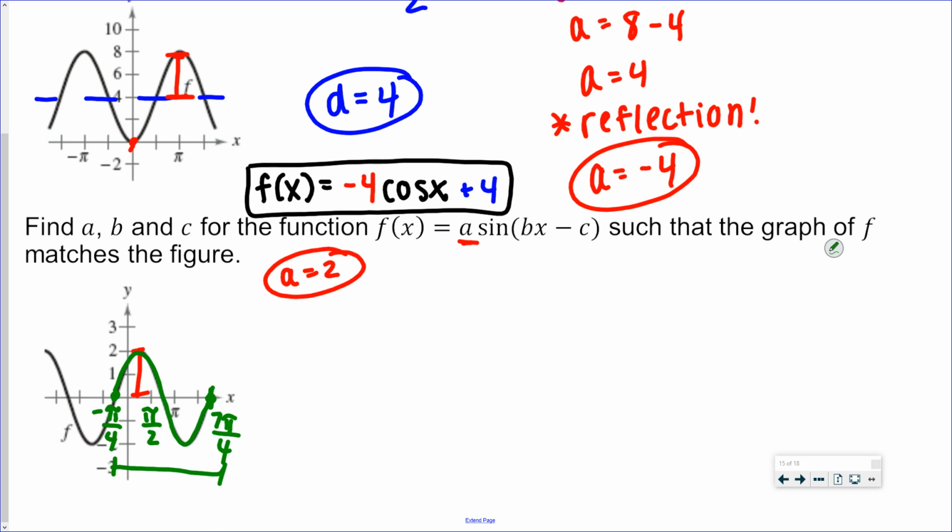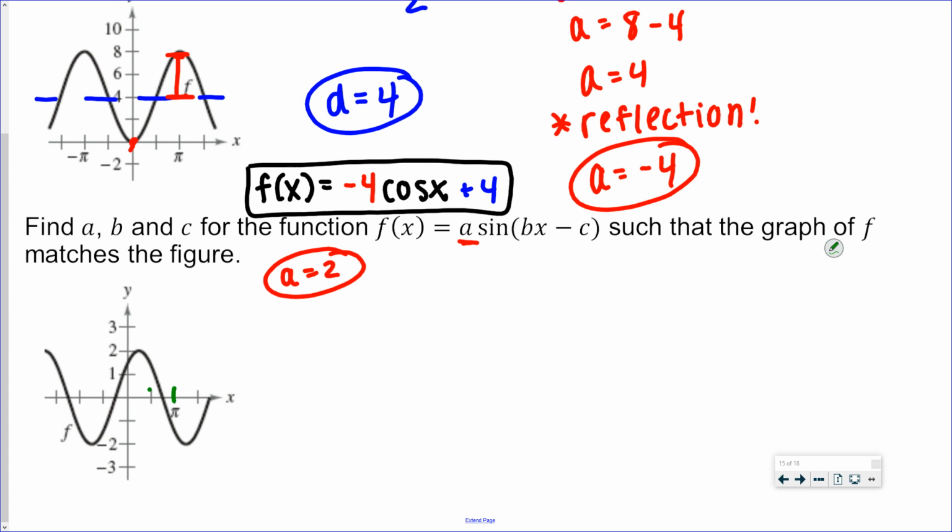Bailey, see how they're counting up by halves on the x-axis? Do you see this is marked pi?